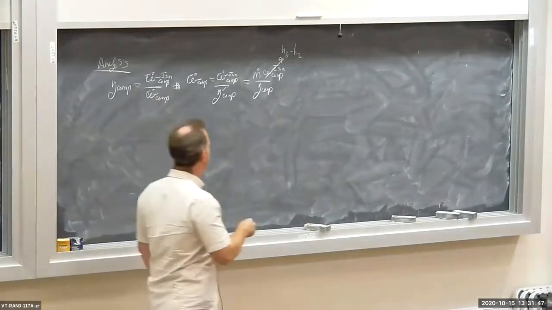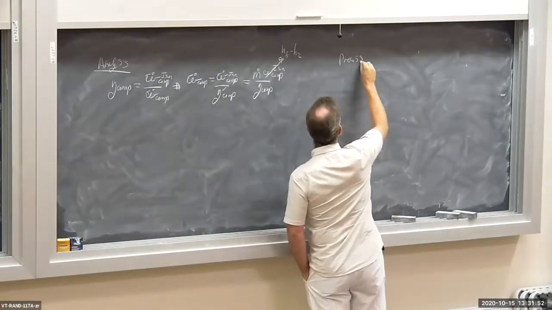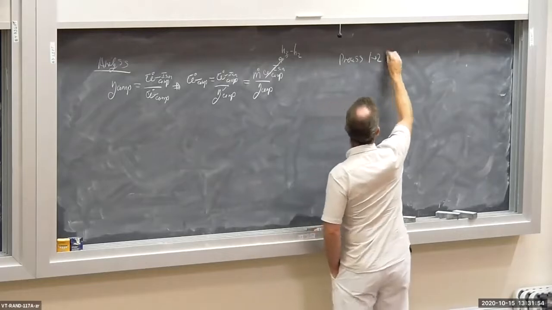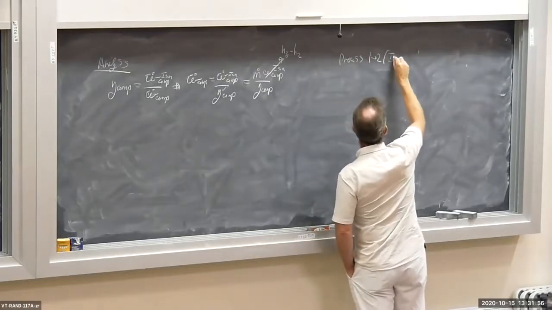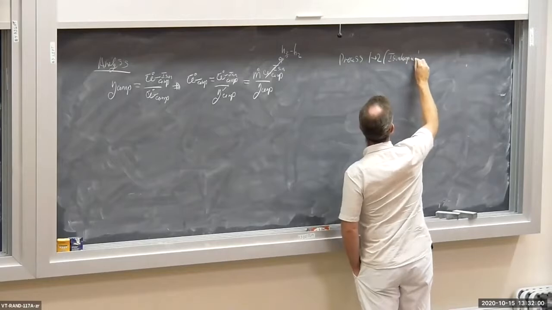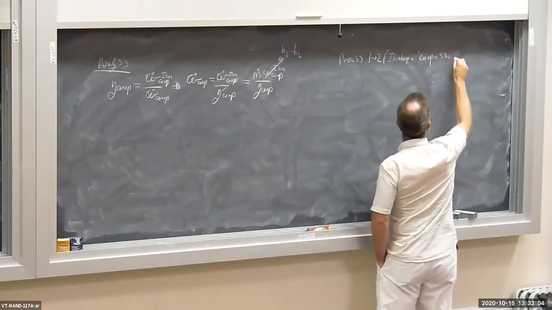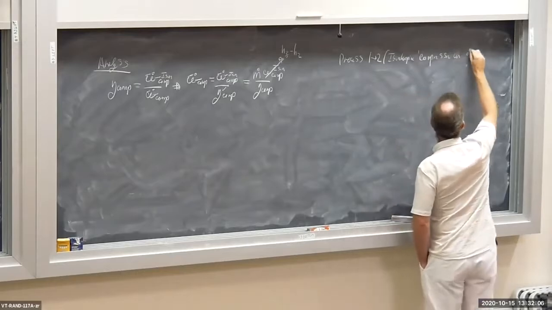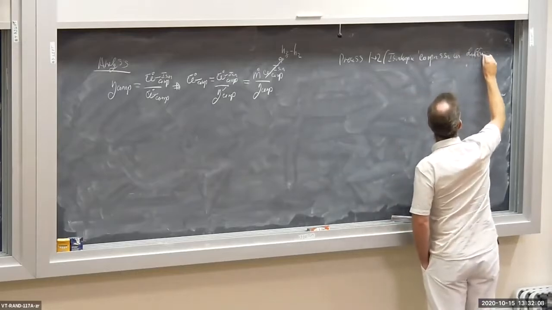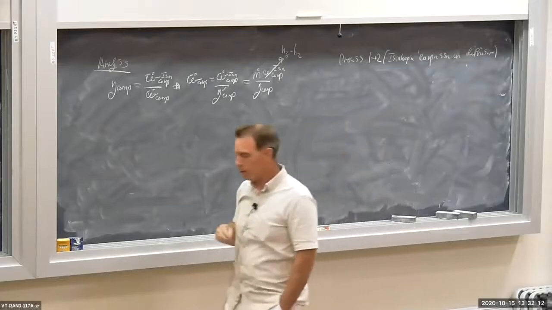So let's look at process 1 to 2, and this is isentropic compression in the diffuser.